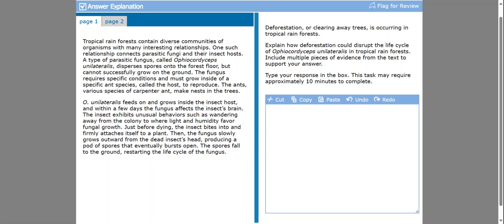So we can start writing now, and then we can continue reading the passage. I'm going to go ahead and begin writing, and then use my text evidence as I respond. Let me use what it says and respond with it. Deforestation could disrupt the life cycle of, and then spelling that out here, Ophiocordyceps unilateralis.